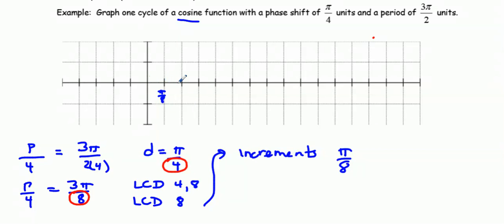So pi by 8, next one, 2 pi by 8, but I'm going to reduce. That's pi by 4. The next one, 3 pi by 8.